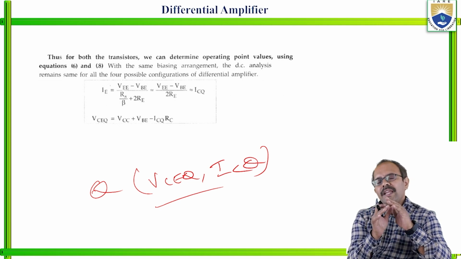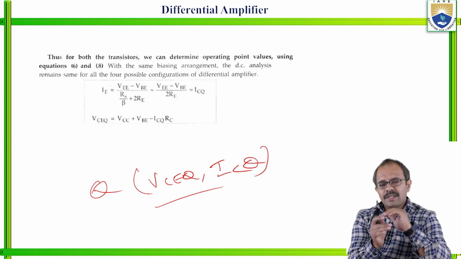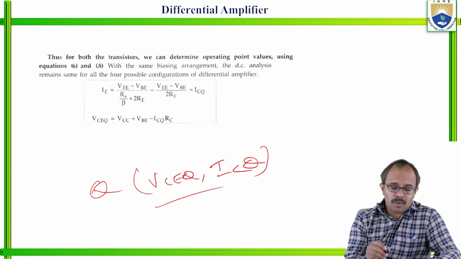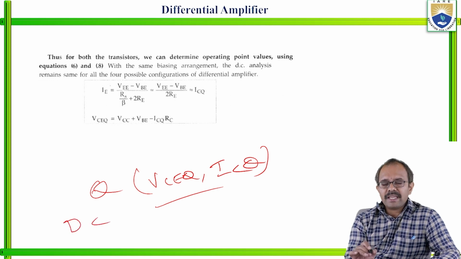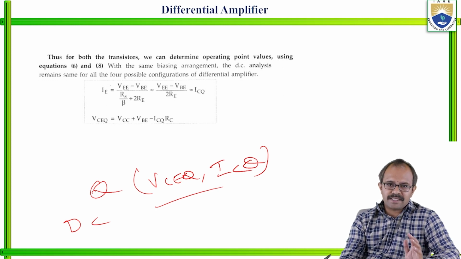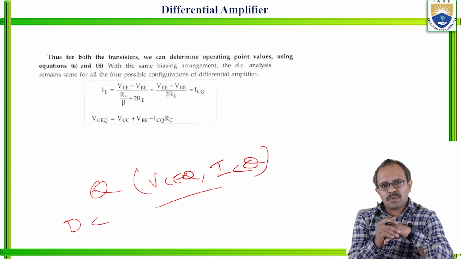In any amplifier circuit, the analysis is made in the context of DC as well as AC. One more point you need to remember: DC analysis is made by suppressing all the AC components present in the circuit.